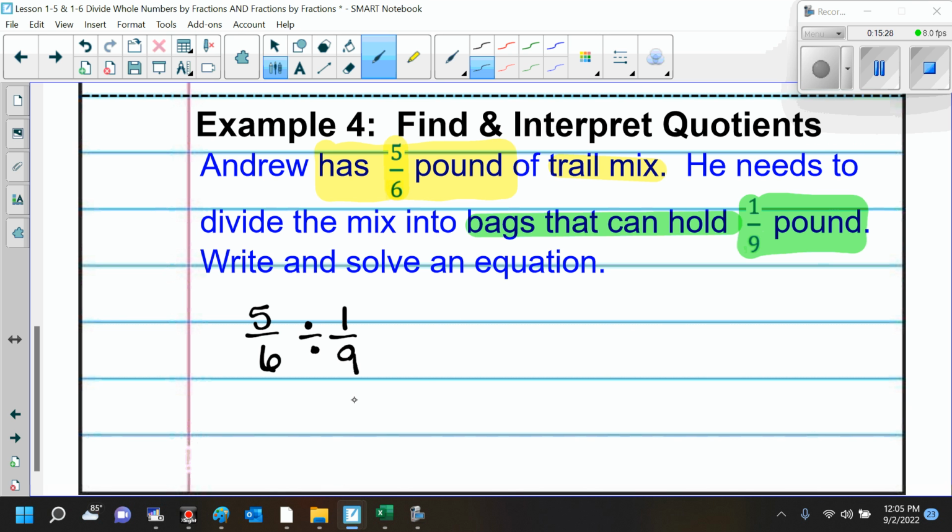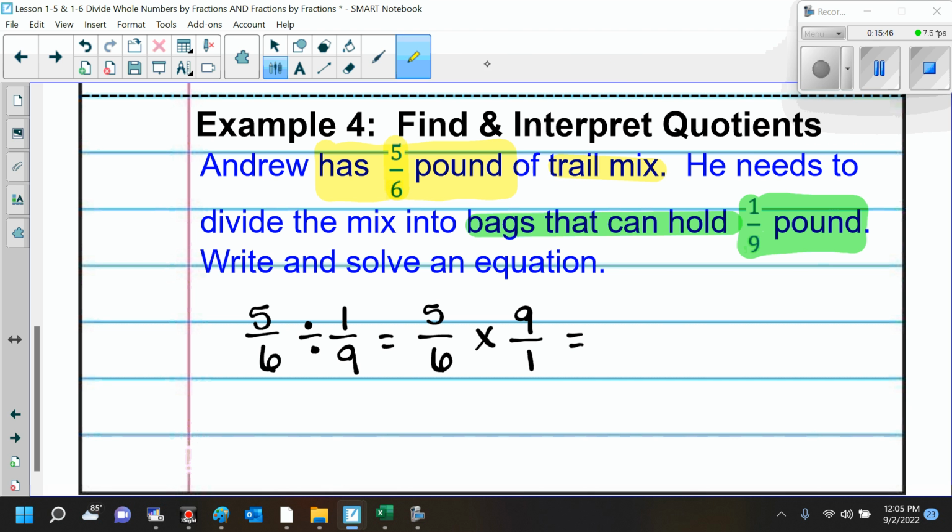So now we have our division problem. Now we just have to show our work. The 5/6 stays the same. The division becomes multiplication, and the 1/9 becomes 9 over 1. Very good. Now, before we multiply, we can simplify.